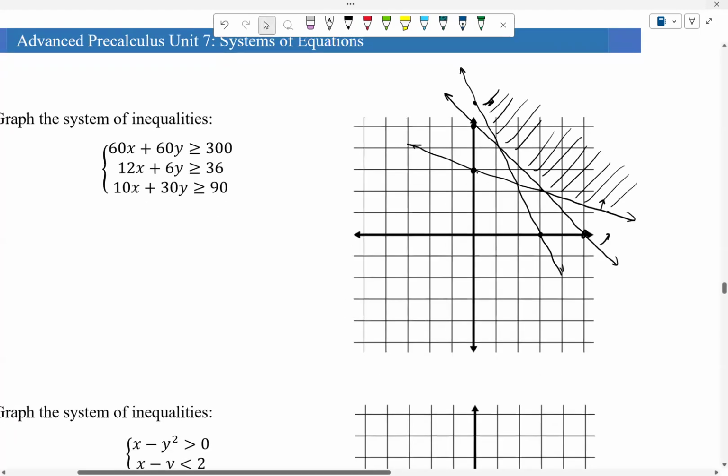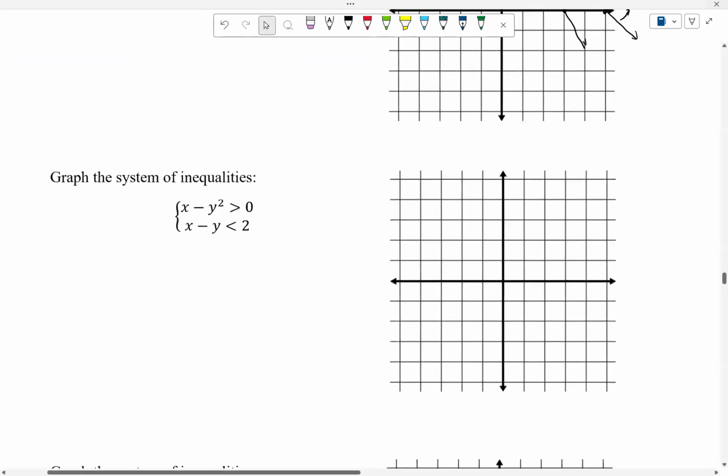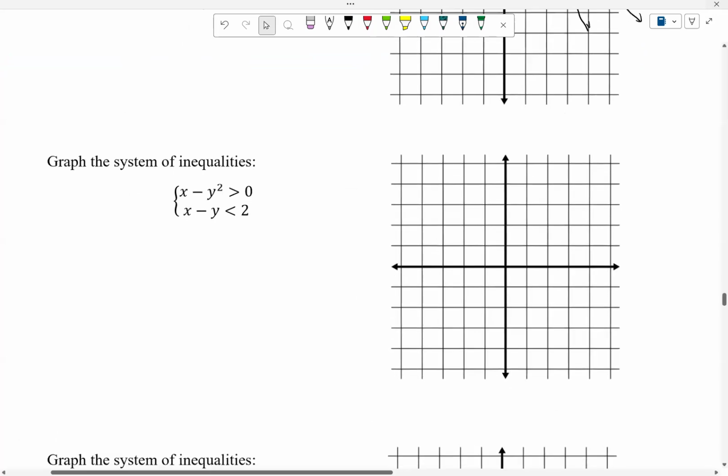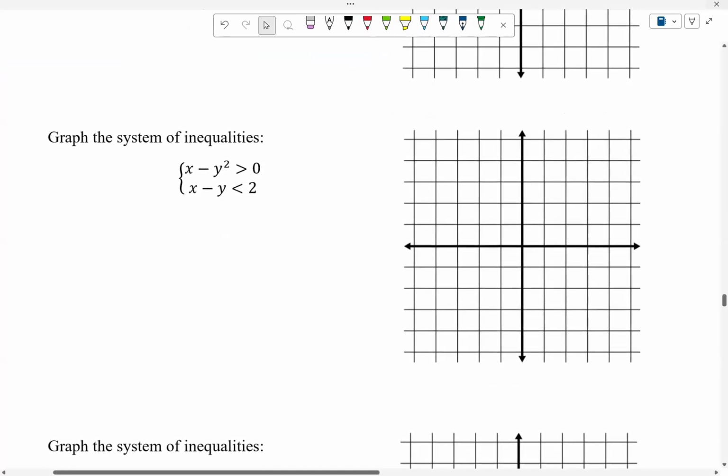Okay. Moving right along. Let's try this one. This is kind of fun. Let's see what you can do. Case H, the one you've been waiting for has arrived. Oh, it's a parabola. It doesn't equal.